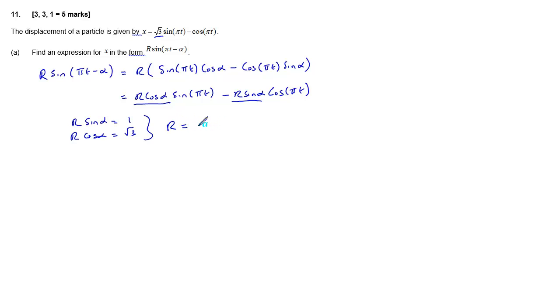R is then going to be the square root of 1 squared plus root 3 squared. So that's root of 1 plus 3, root 4 gives us 2.